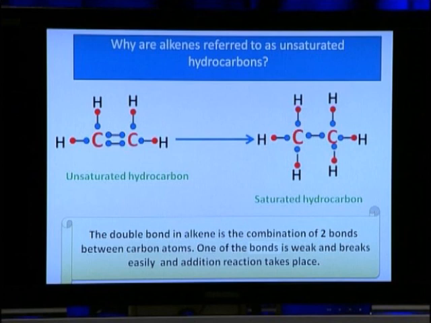The double bond present in alkene is the combination of two bonds between the carbon atoms, and one of the bonds is a weak bond and breaks easily, and an addition reaction takes place, which is why we say alkenes are unsaturated hydrocarbons.